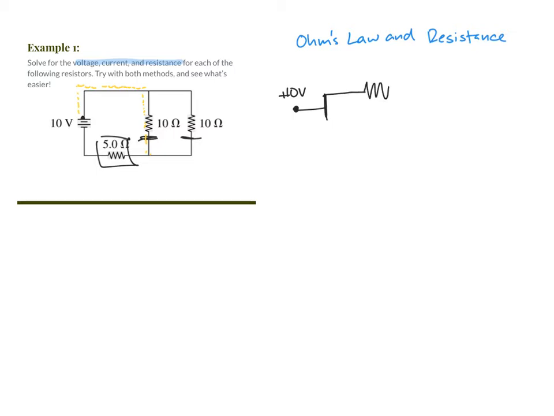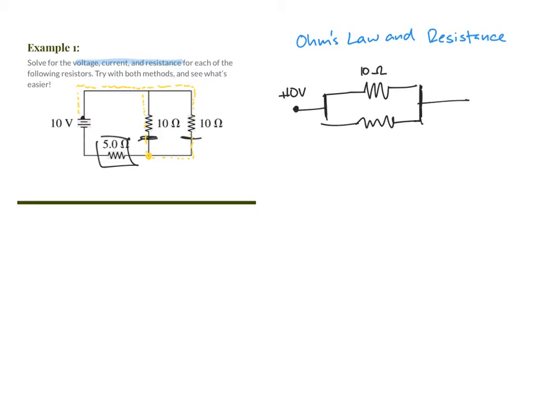I'm going to draw that right here. It's a 10 ohm resistor. And the other one travels through another 10 ohm resistor. That's going to be my other branch down here. Obviously, those are in parallel. They join back up at this point, which is a junction right there.